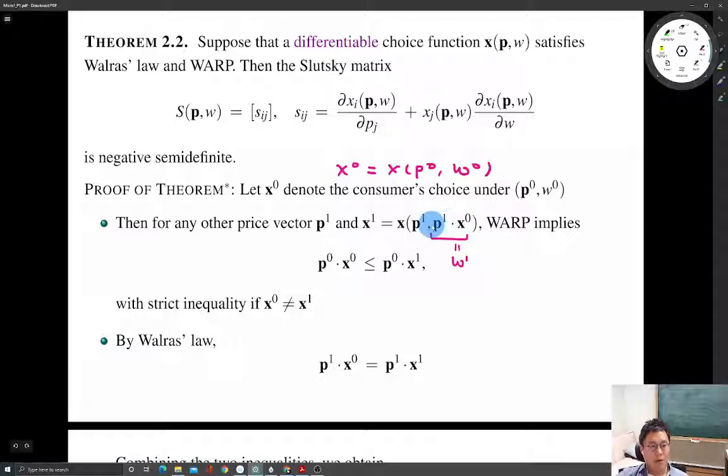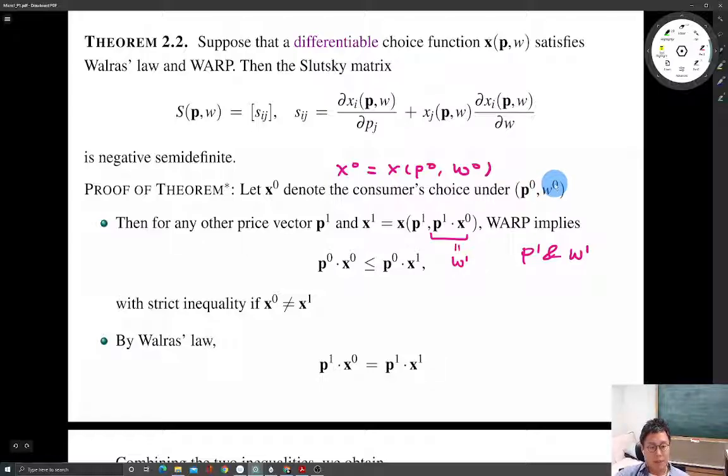Then under this budget set, P1 and W1, this bundle X1 and the previous bundle X0 are both affordable. But we saw that the consumer chooses X1 rather than X0. So WARP implies that under the previous price vector, where the consumer chose X0 rather than X1, X1 is not affordable under P0 and W0.